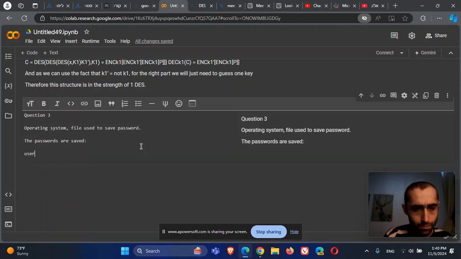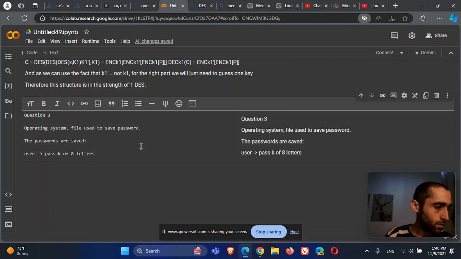Every user picks a password, a key with 8 letters.